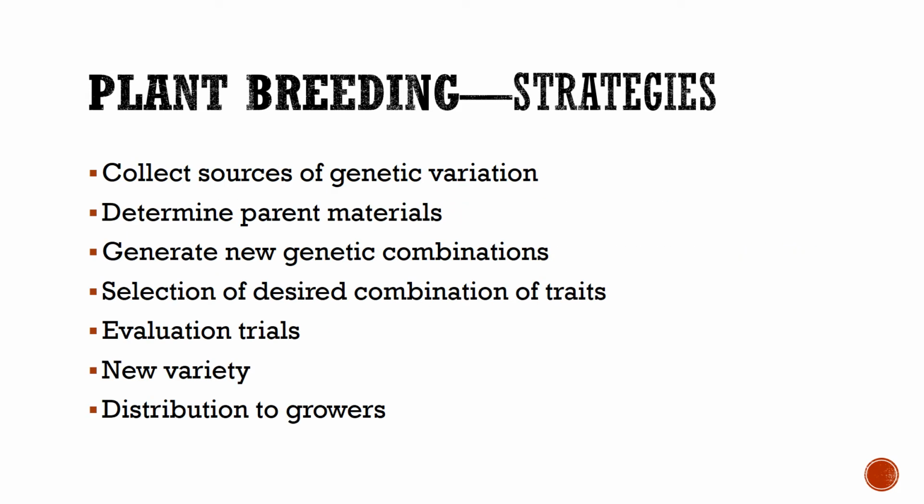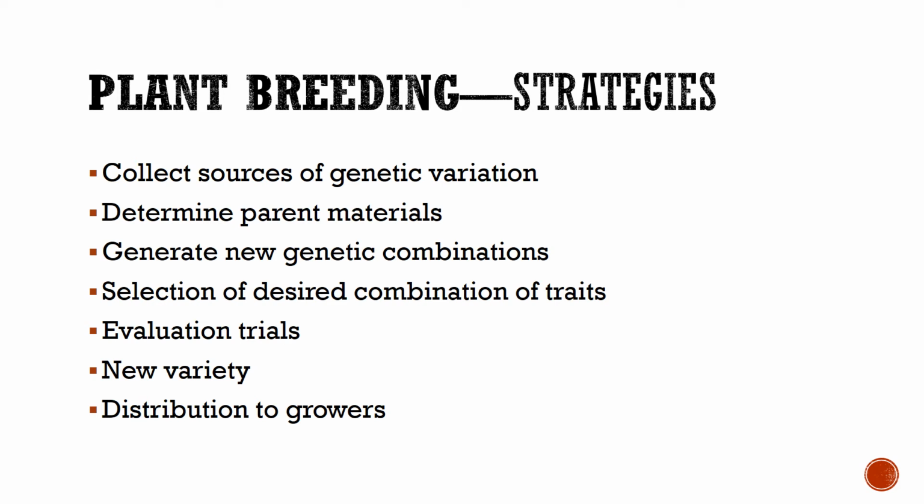So what are some strategies within plant breeding? The first one we have to look at is collecting all of those genetic variations. We're going to be able to look at this when we look at the soybean trials that we have at the GRDA research farm, and we're going to be able to see the genetic variations from many different varieties, because we've determined different parent materials.